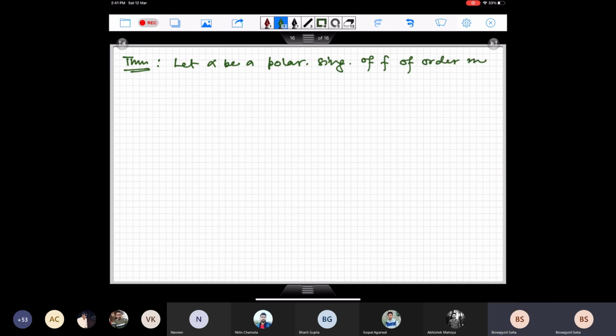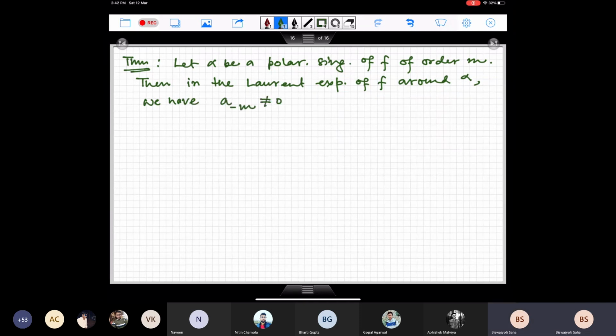Then in the Laurent expansion of f around alpha, we have a minus m is not equal to 0, and an is equal to 0 for all n less than minus m.